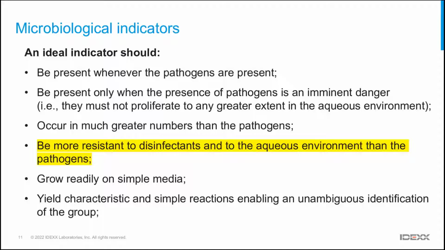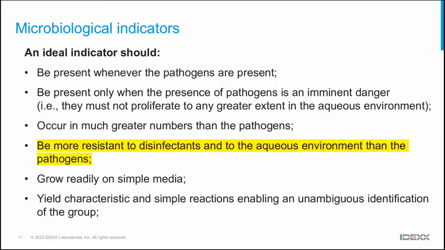So I'm going to start by talking a little bit about indicators, and I apologize if this is all things that you know, but it puts my presentation into some context. Ideally, indicators should be present whenever pathogens are present, be present only when the pathogens are of imminent danger of causing disease, which means they shouldn't really be growing in the water system.